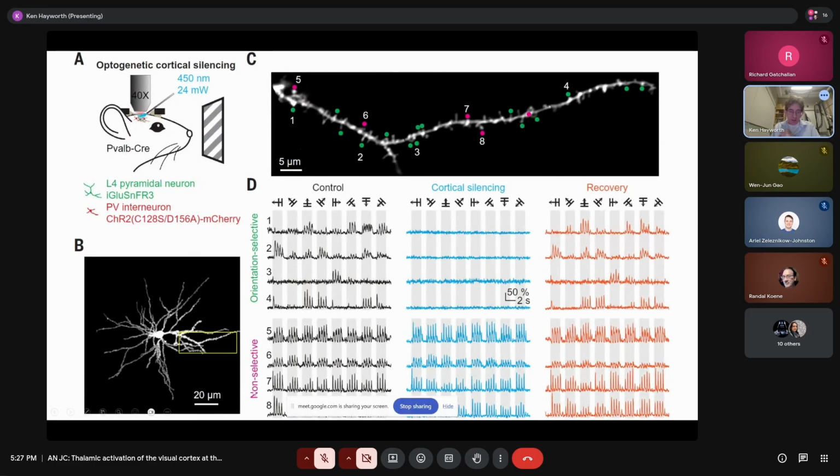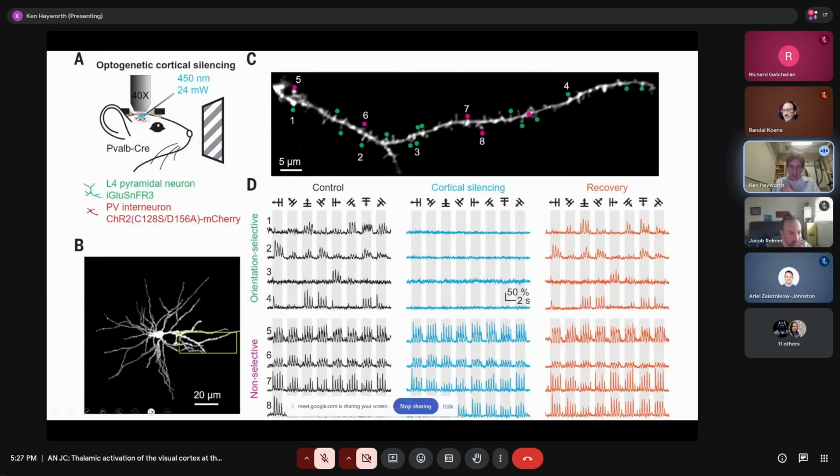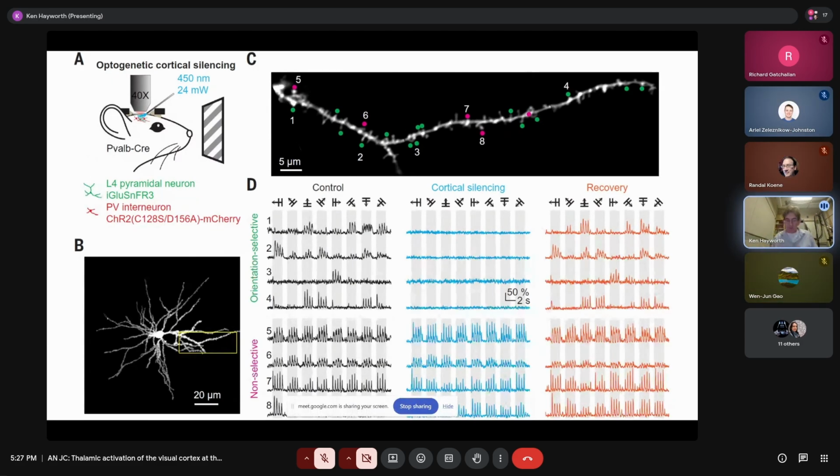And then there are the non-selective ones that I talked about that will fire no matter what direction the grating is going, because these are the on-center or off-center ones that are supposedly coming from the LGN. So we finally are seeing the types of inputs that we expect to be there by using this glutamate sensor.